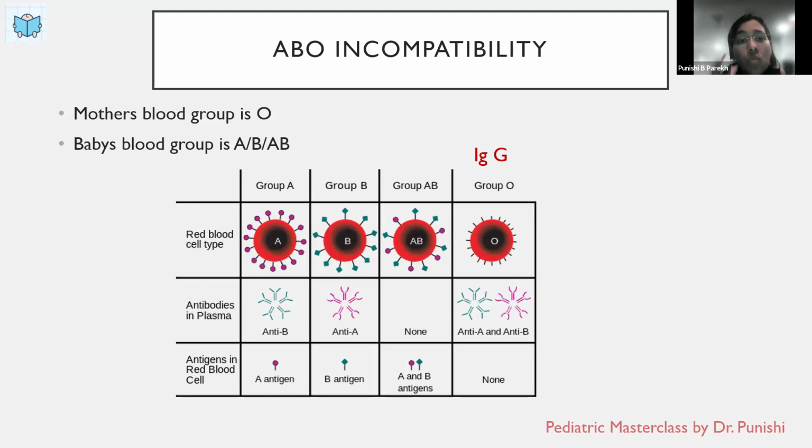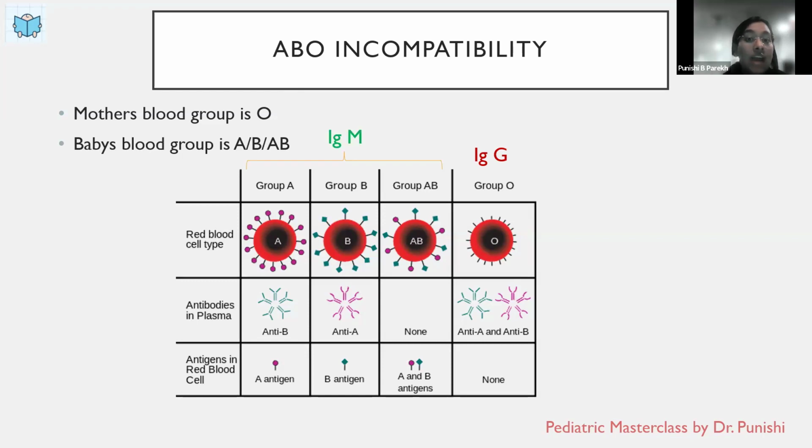Now let's see, why does this not hold true for other blood group types? Let's say the mother has blood group A. Can that also lead to ABO incompatibility? I just answered this, so the answer is no. Why is that so? Because the antibodies that are produced by an individual who has A, B, or AB blood group are all IgM type.